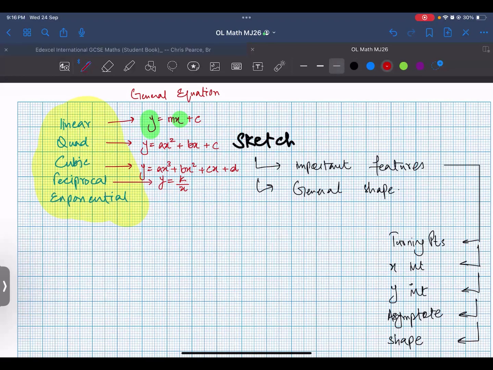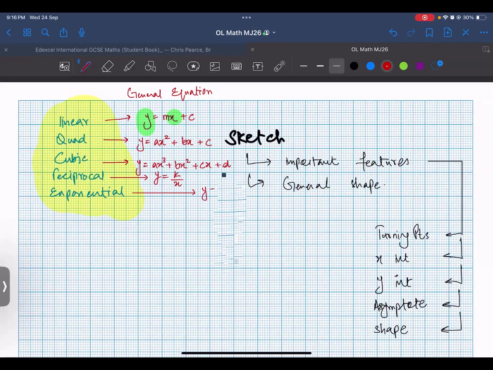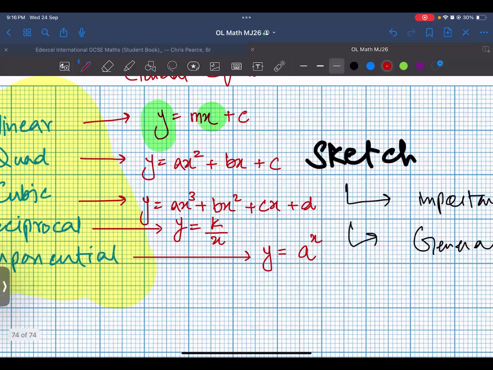And an exponential, y is equals to a power x. So you can see that the variable x is in the power, a power x. So these are the different types of equation that they may ask you to sketch.